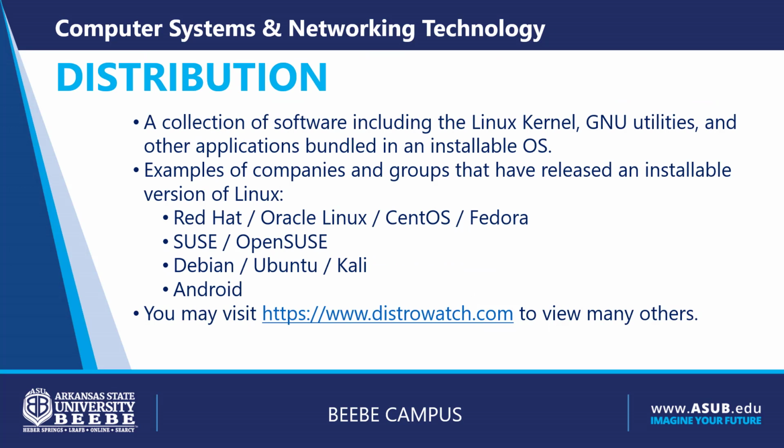Speaking of vendors, a distribution is a collection of software, including the Linux kernel, packaged together into an installable form and released for people to use. Some common examples of companies: you have Red Hat, Oracle Linux, CentOS, Fedora. Those are all based off of RPM. A European company, SUSE or OpenSUSE, is also based off of RPM.